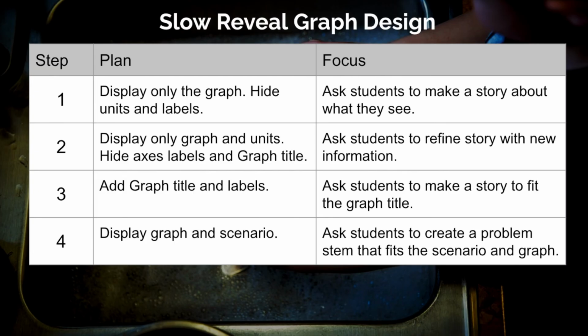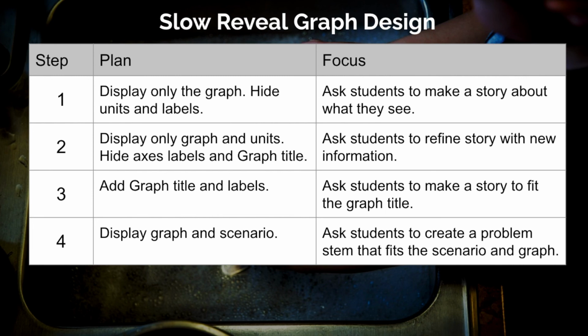This is the plan for the slow reveal graph design. Step 1, display only the graph. Hide the units and labels. The reason was we want students to make a story about what they see. Step 2, display only the graph and units. Keep hidden the axes, labels, and graph title because we're going to ask students to refine their story based on the new information. Step 3, add a graph title and labels to the picture.